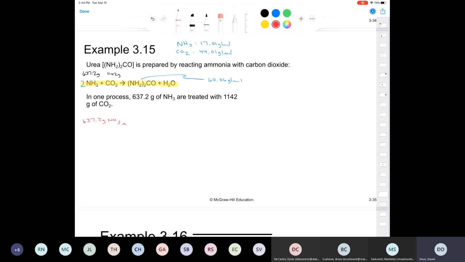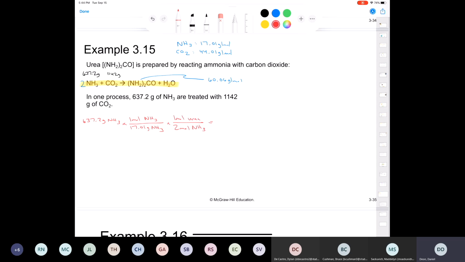Well, from my molar mass of ammonia, I know that in 17.01 grams of ammonia, I have 1 mole of ammonia. And I know that from my balanced equation, when I use up 2 moles of ammonia, I produce 1 mole of urea.